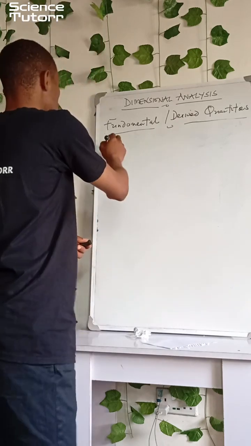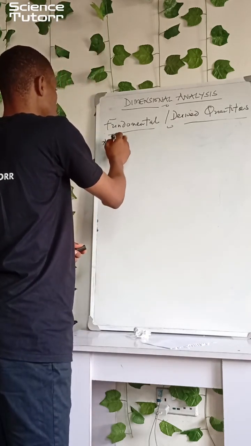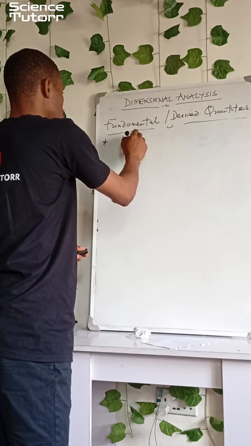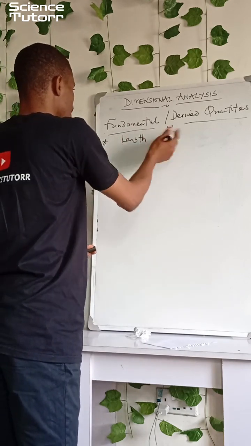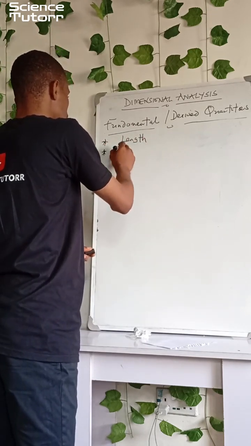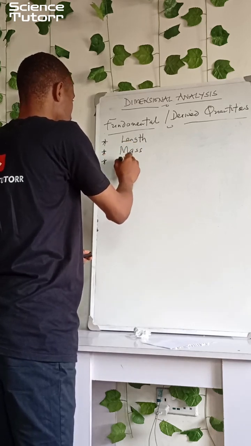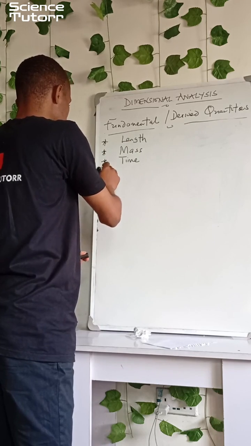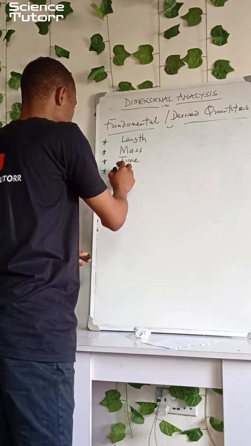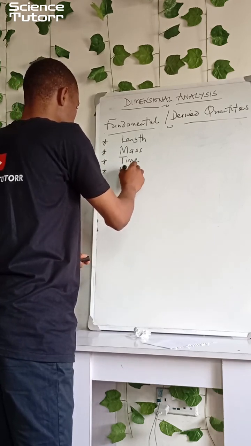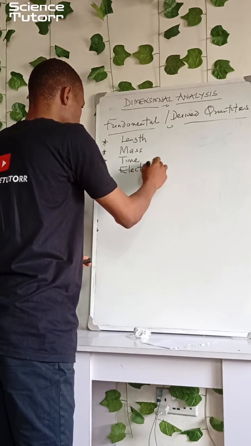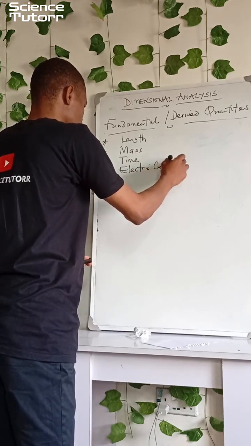The first one we call length. Second one is called mass. Thirdly, we have time. Fourthly, we have what we call electric current, that is current.